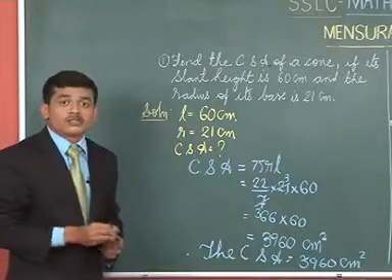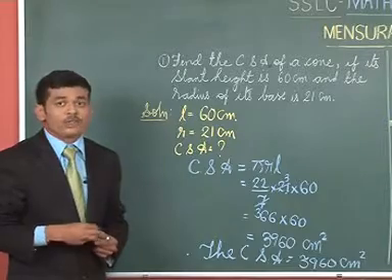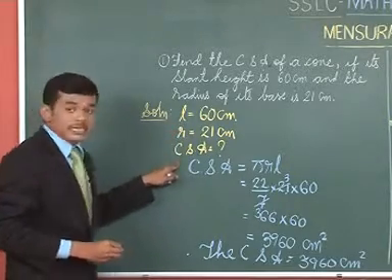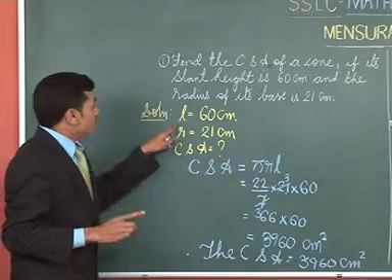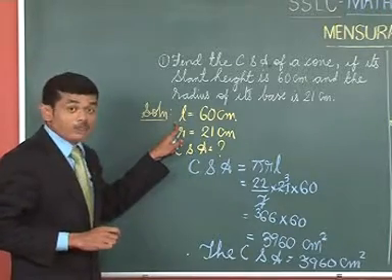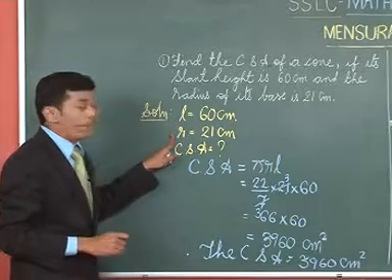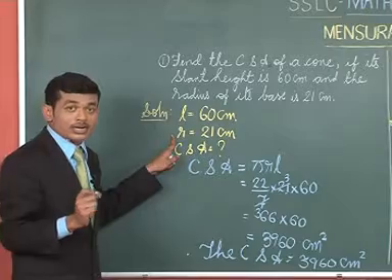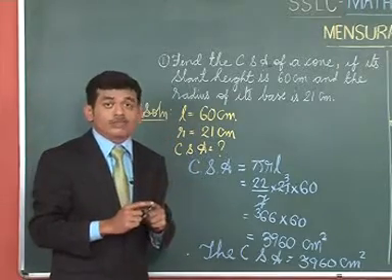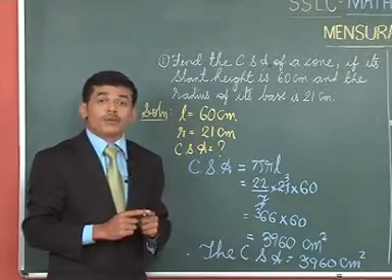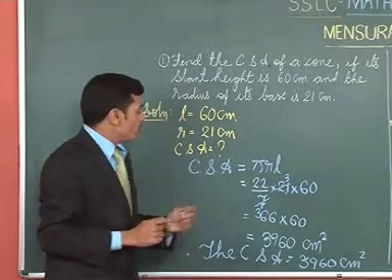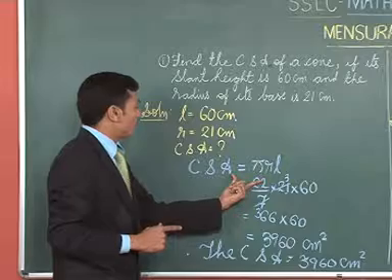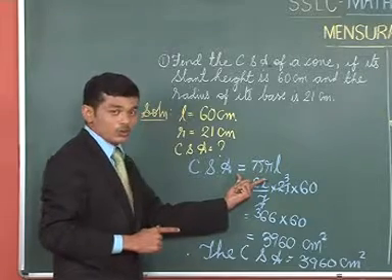So, now let us try to recapitulate again for those who have not understood this. We are asked to find out CSA, where the L, that is the slant height of a cone, is given and the radius of the base of the cone is given. So, already we know the formula to calculate the CSA of the cone, that is given by pi r L. So, we have written the formula for calculating the CSA of the cone.